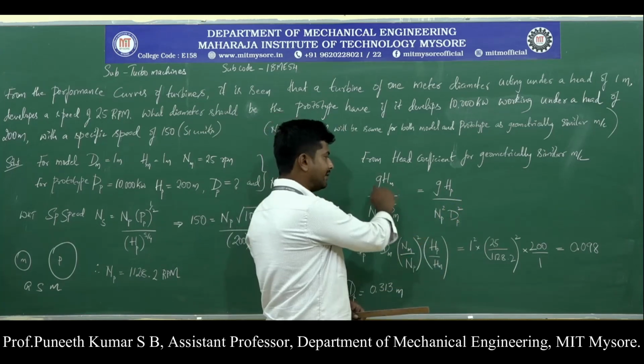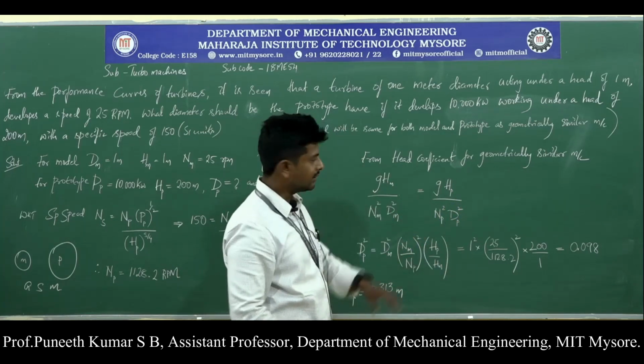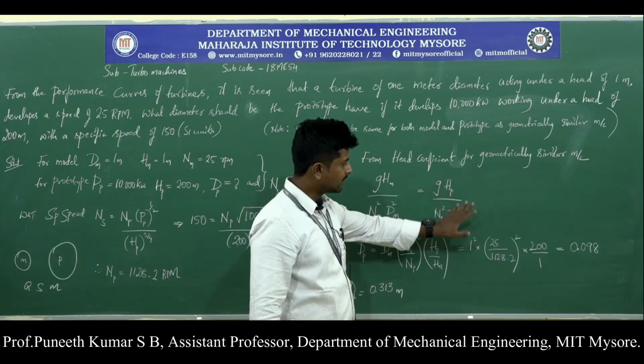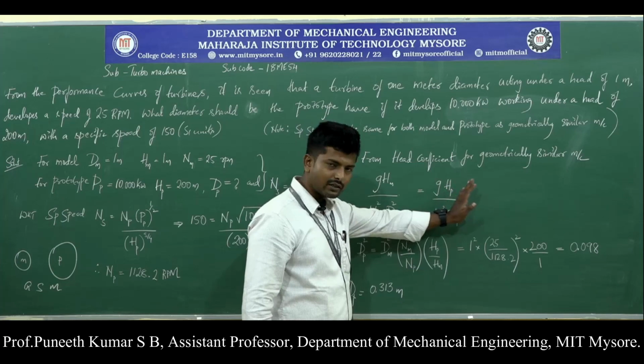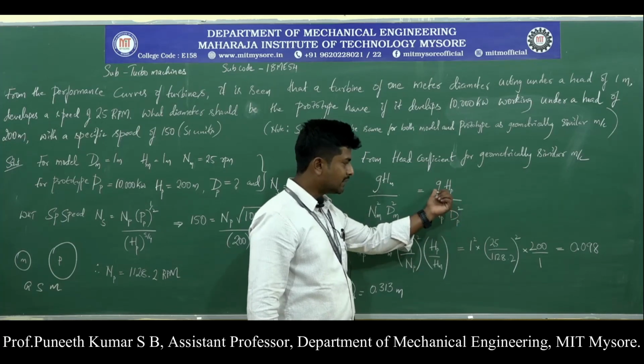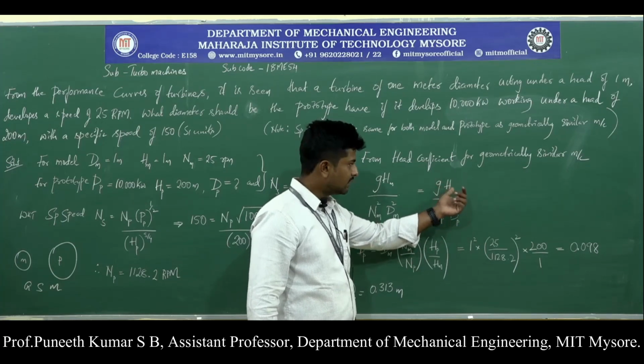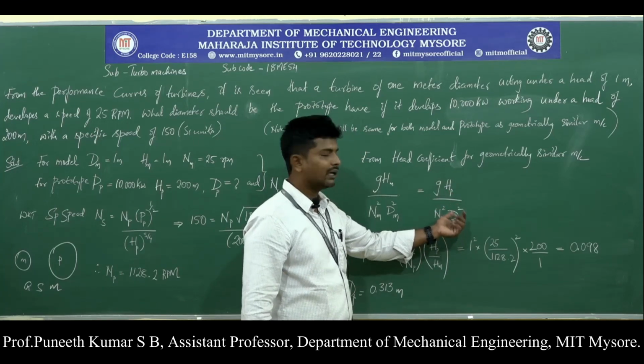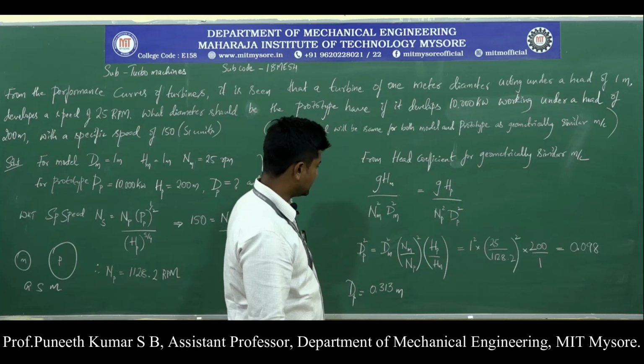So while writing the notations, we should be very careful. Similarly, on the right hand side, I have written the head coefficient for the prototype: head of the prototype, speed of the prototype and diameter of the prototype, without a suffix on g.